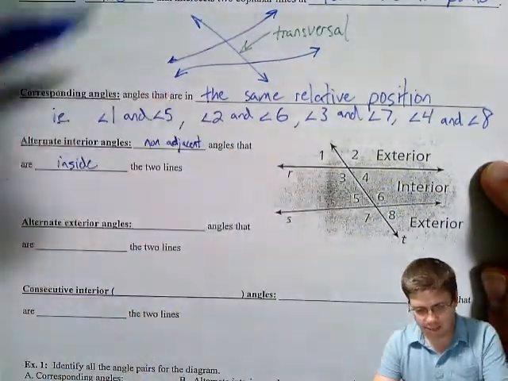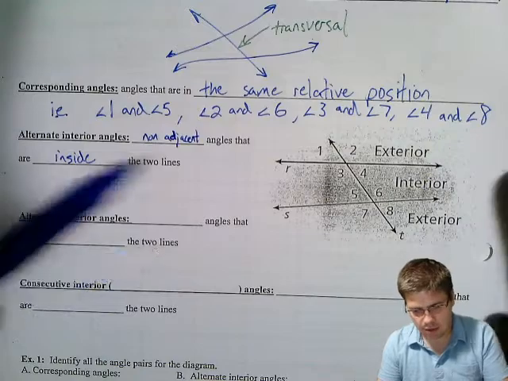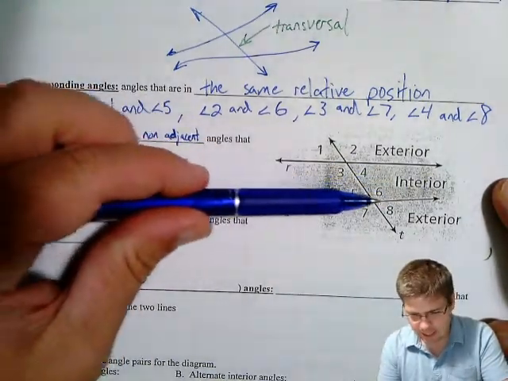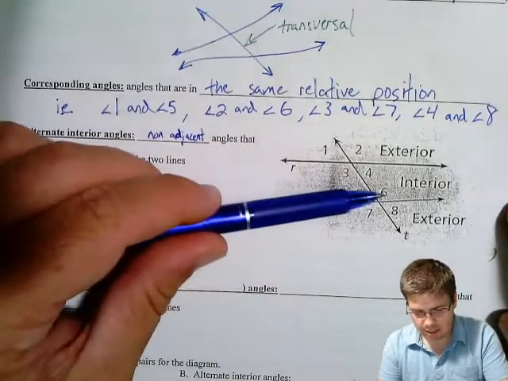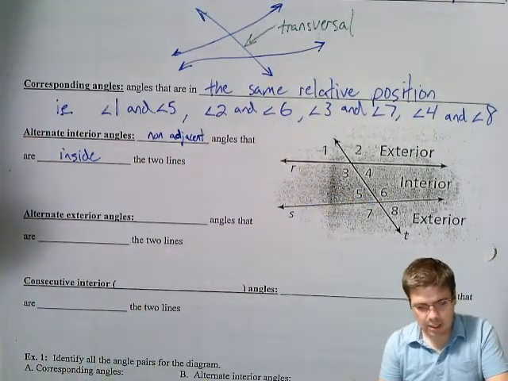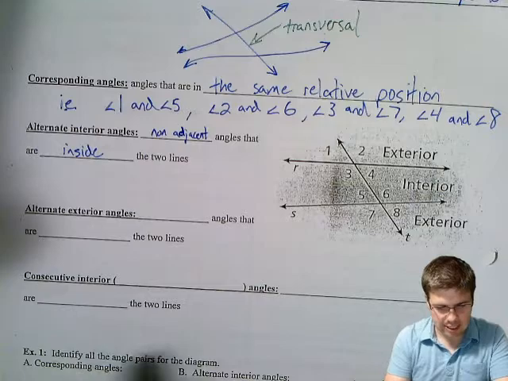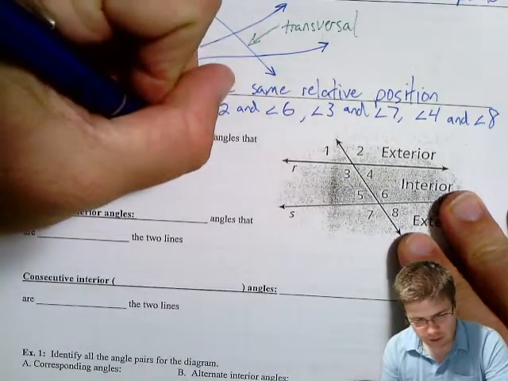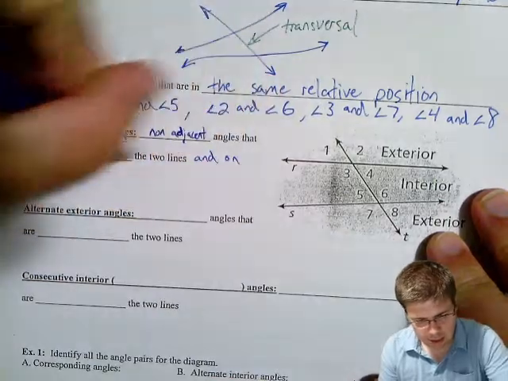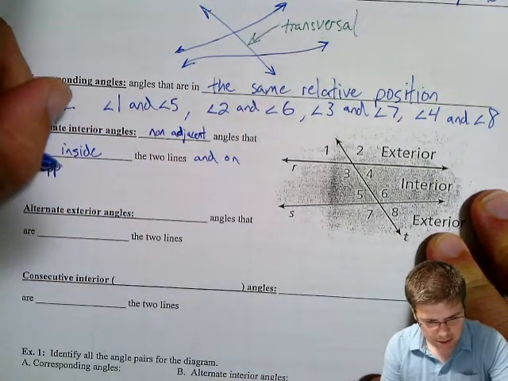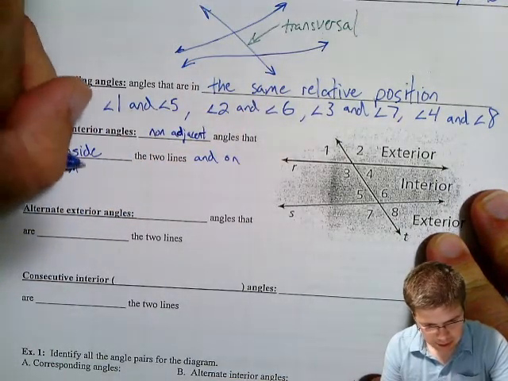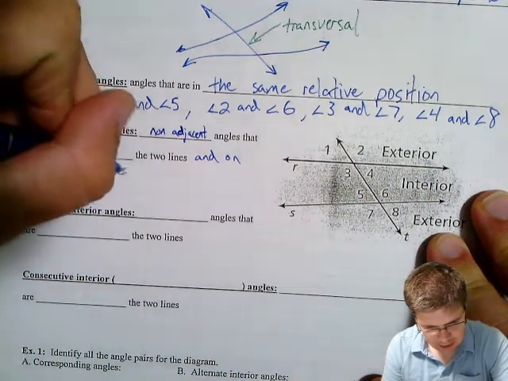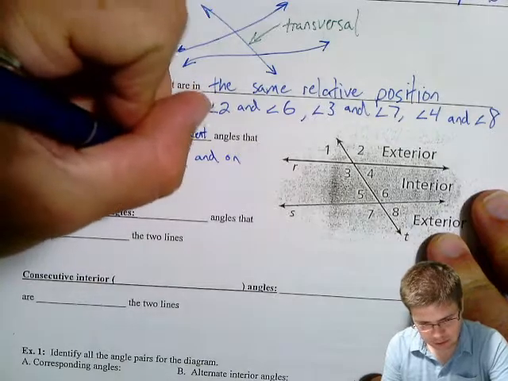If it's alternate interior angles, they need to be on the inside of the two lines, not adjacent, so not 5 and 6, and on opposite sides of the transversal.